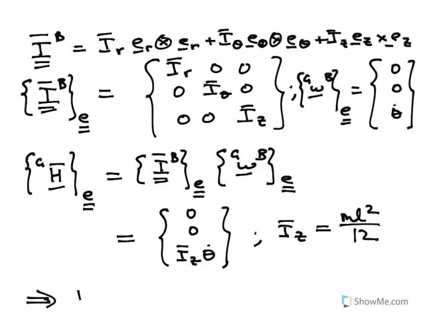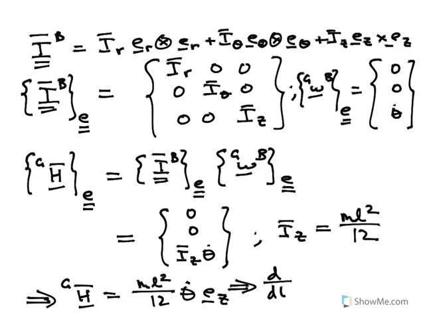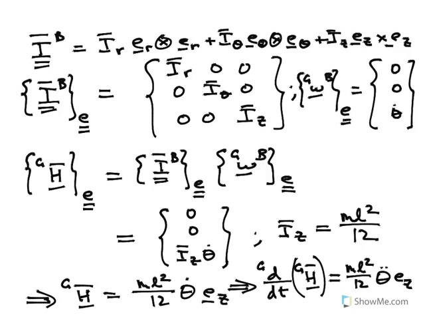So the angular momentum relative to the center of mass is equal to ml squared over 12 theta dot EZ. So there we go, for a uniform slender arm using a principal axis coordinate system. And from this, we can compute the rate of change in the ground of the angular momentum relative to the center of mass. Because the direction EZ is inertially fixed, the rate of change of the angular momentum is ml squared over 12 theta double dot EZ.